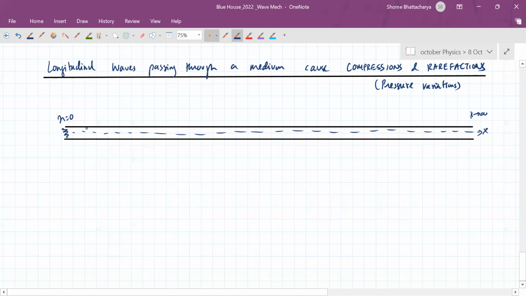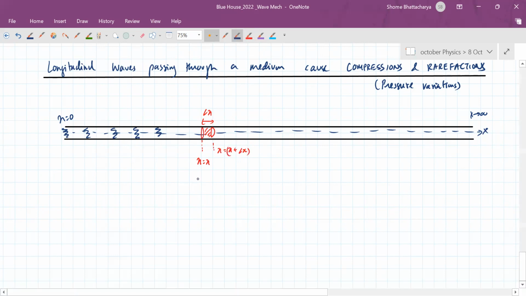So as we are creating disturbances like this, imagine a section of this pipe which is between x equal to x and x plus delta x.